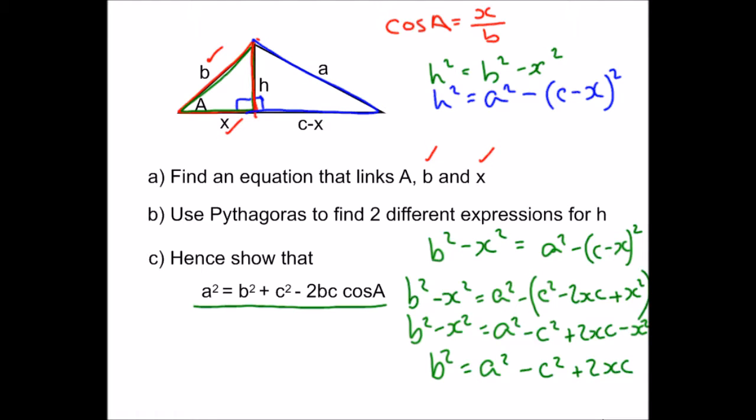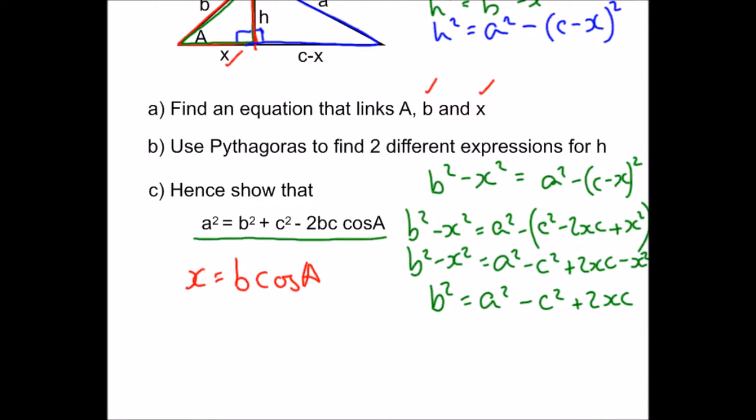We don't have our h's now, and we've got b squareds and a squareds and c squareds. That's looking good. But we do still have an x, so we need to work out how to eliminate our x. If I come back and have a look at my equation at the top, I know that cos A is equal to x over b. Well, I can rearrange that to say x is equal to b cos A. Then all I need to do is substitute that into my equation.